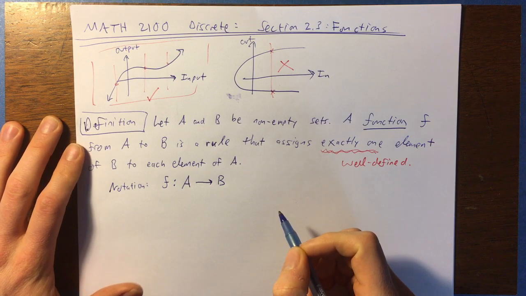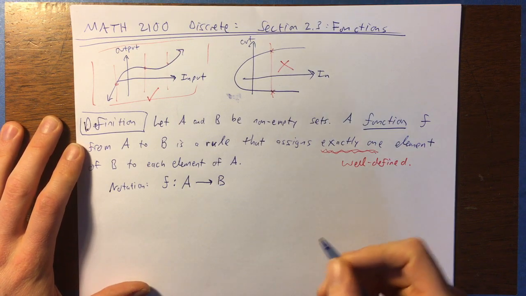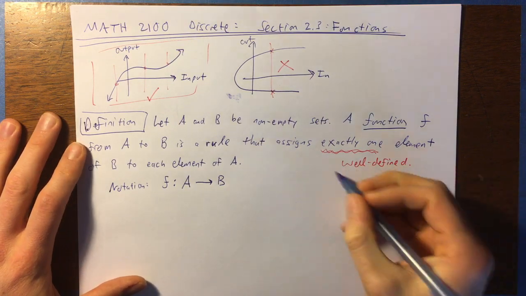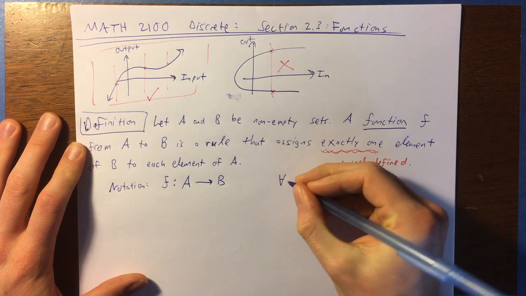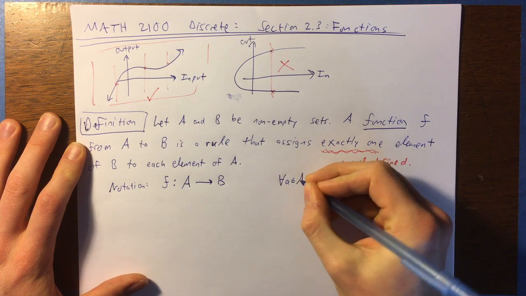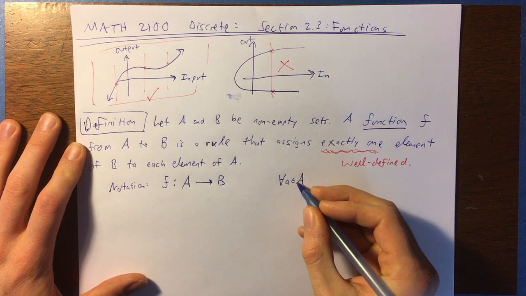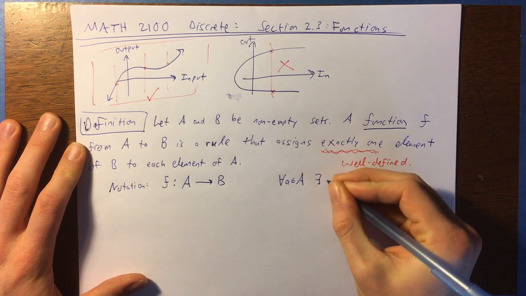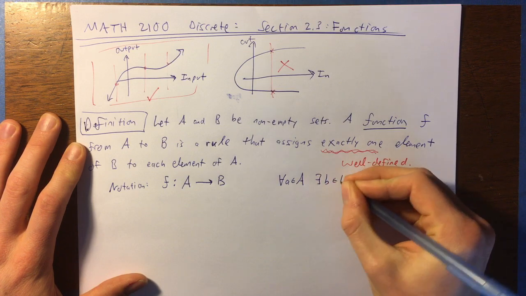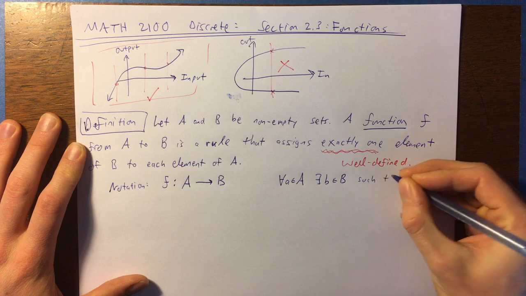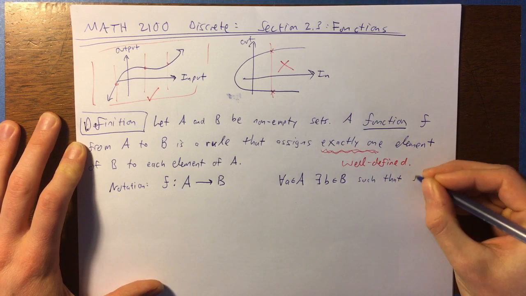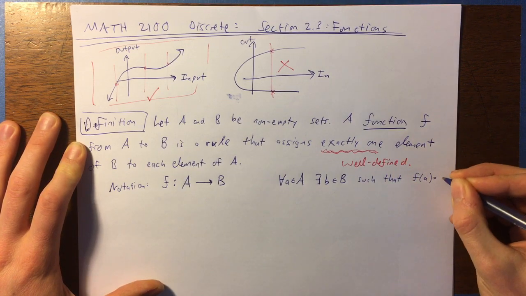I'm just going to write a couple of statements that capture this idea of well-defined a little better. So one is, we could say, for all a in the set A, so for all elements a in capital A, there exists an element b in capital B such that f of a equals b.